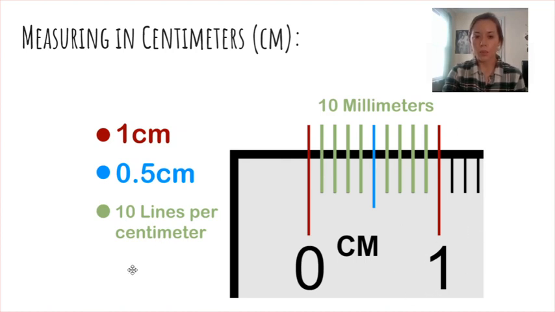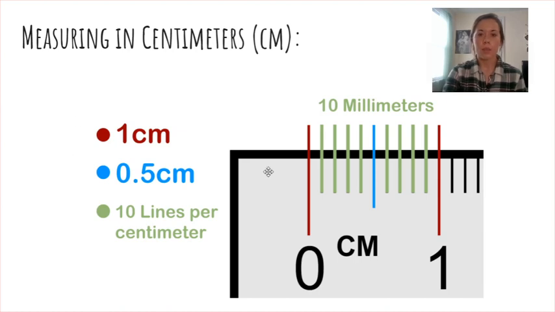Okay, so 10 lines per centimeter. This blue line is the halfway point, right, or 0.5 of a centimeter, or 5/10 of a centimeter. In there, it would be a half centimeter. And then maybe if you went 5 more, you get 1 1/2 centimeters, right? It's a little easier than the inch if you look at it this way.